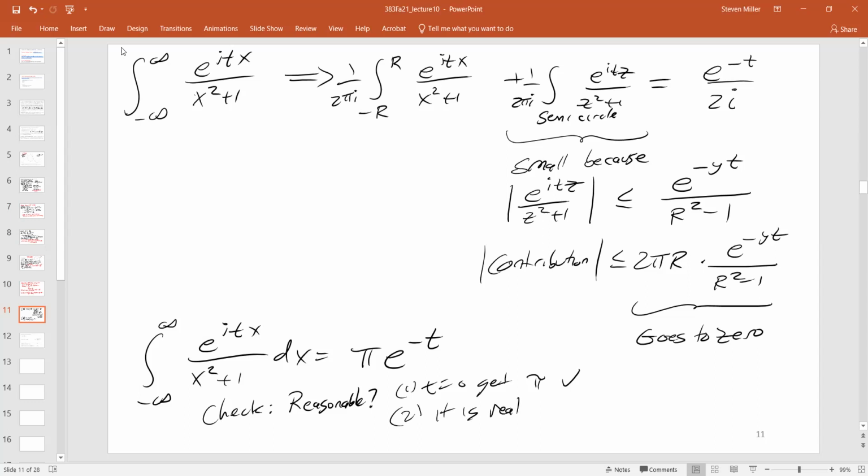Now, a little bit harder is it should actually be positive. And the reason it should be positive is when you look at cosine, cosine can be positive and negative, but it starts at positive, becomes negative, becomes positive. X squared plus 1 is decreasing. So if you look at it, it starts off with the larger values when everything is positive, then you have the negative values, and then you have positive values again. And so with a little bit more work, you can actually see it should be positive.